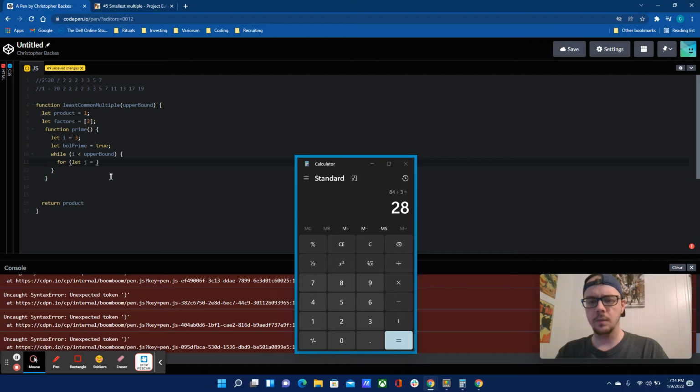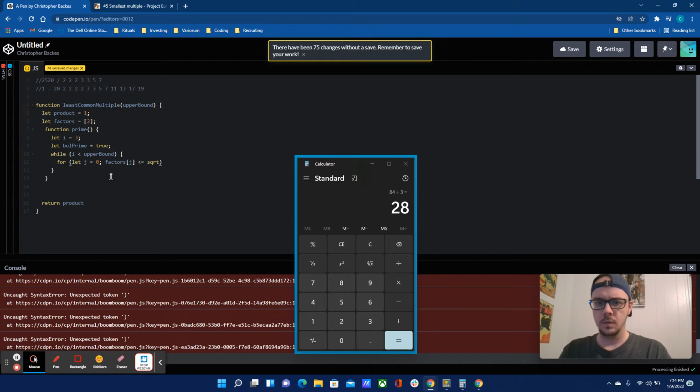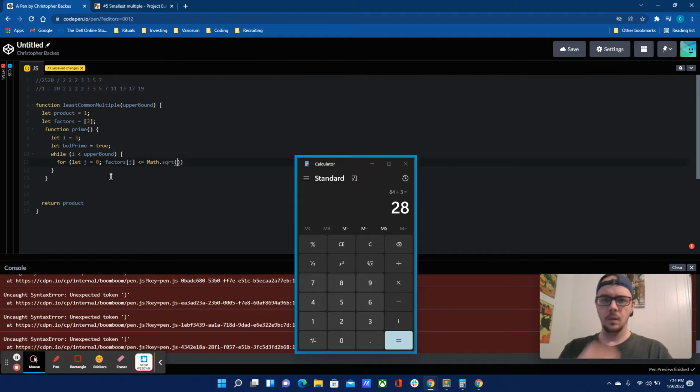Well, if we're checking for the factors, let j be less than or equal to the square root, Math.sqrt, of i, j plus plus.